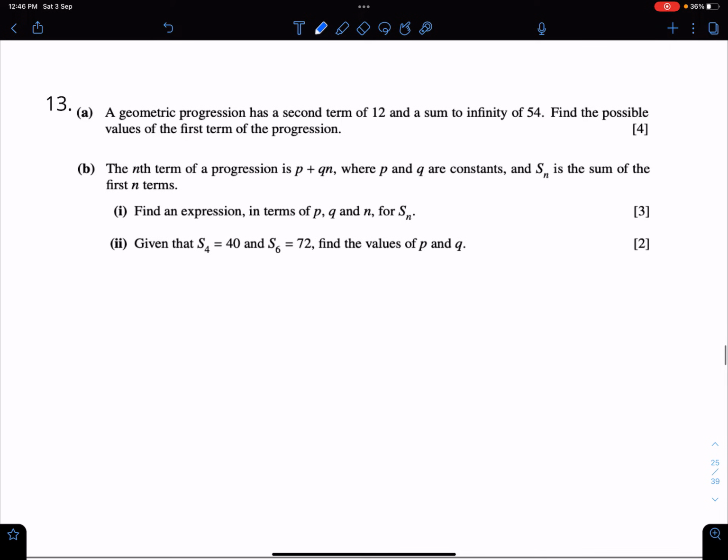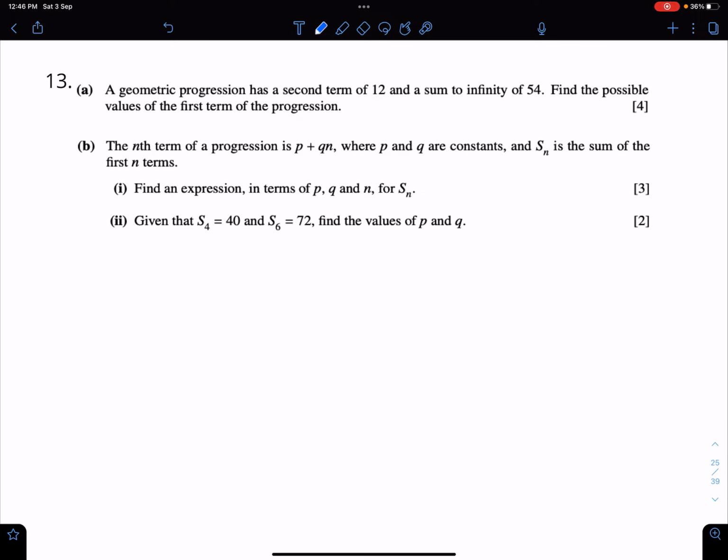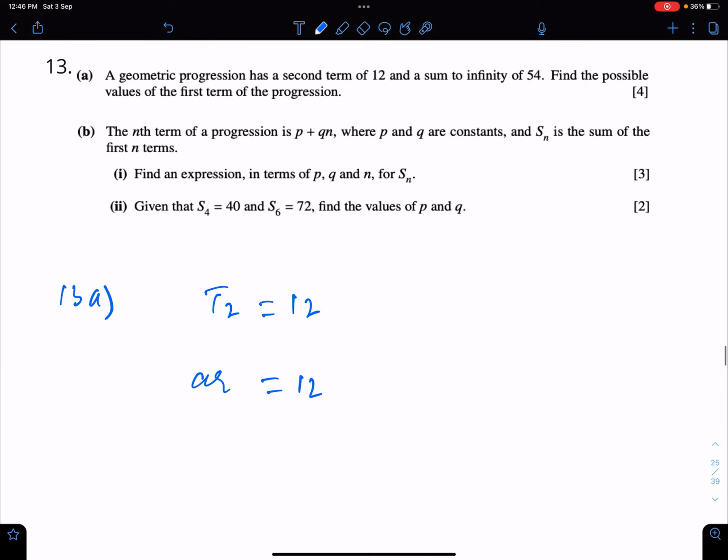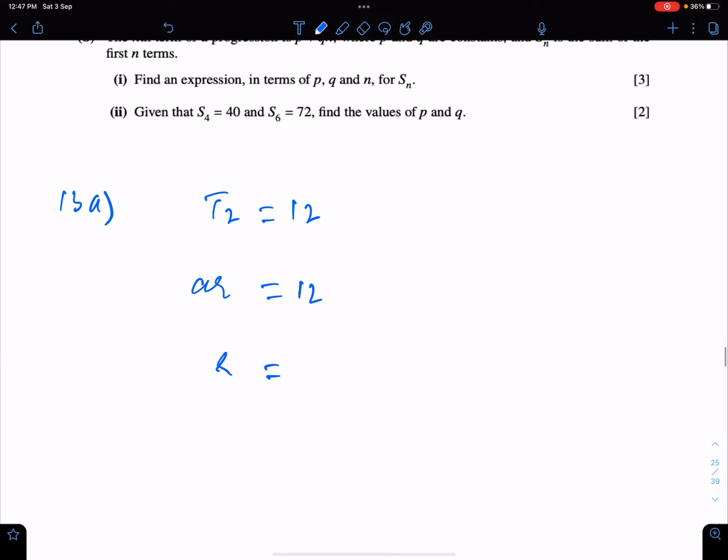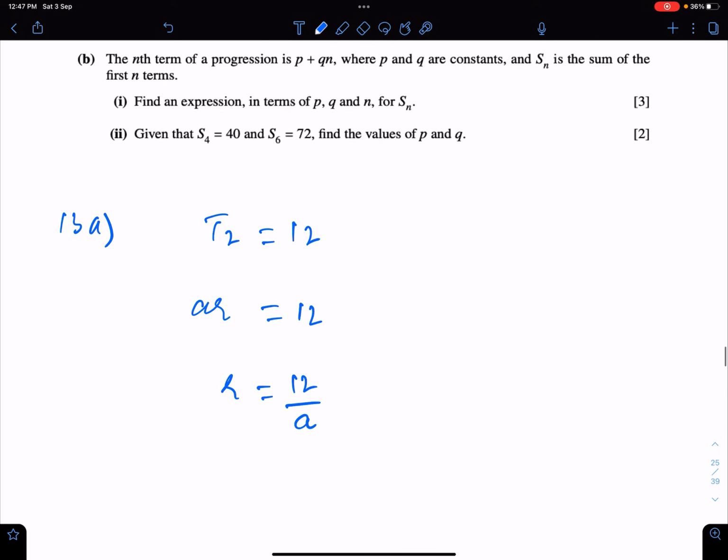Next question, 13. A GP has a second term 12 and a sum to infinity is 54. So this is very simple. T2 is 12, so AR is 12. And we need the first term, so we need R in terms of A. And sum to infinity is 54.